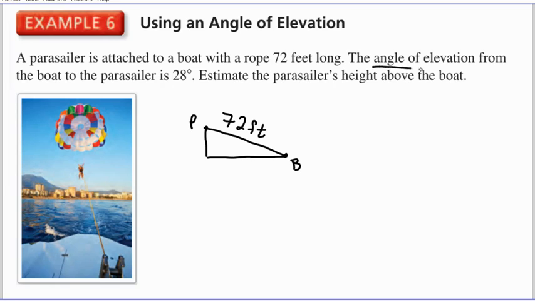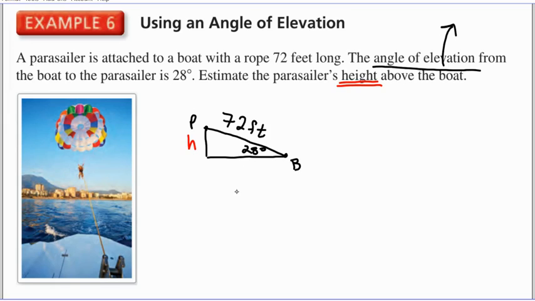The angle of elevation, and now elevation means looking up at something, okay? So this angle of elevation right here is 28 degrees. And the part that we're trying to find is the height of this parasailer, right? So that's going to be h right here.